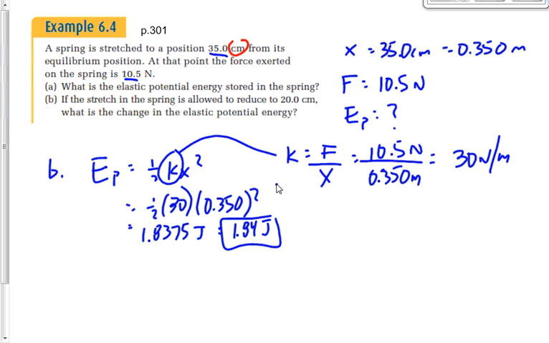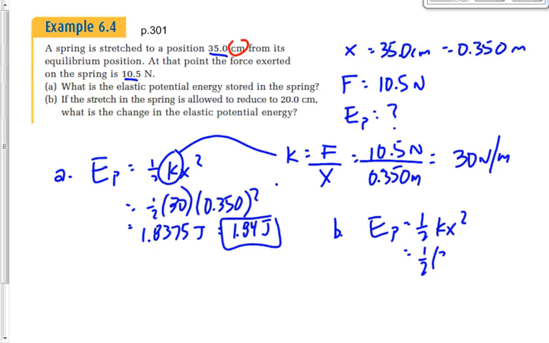B says, that was A, not B. B says, if we stretch it now to 20 centimeters, what's the change in elastic potential energy? Well, let's find the new potential energy. EP is equal to 1/2 kx squared. K is 30.